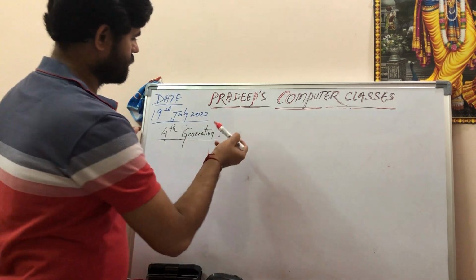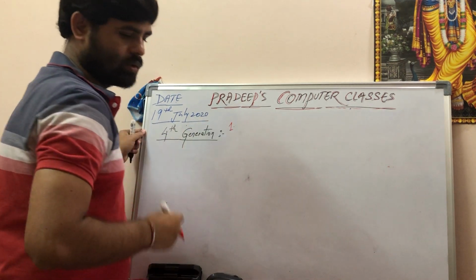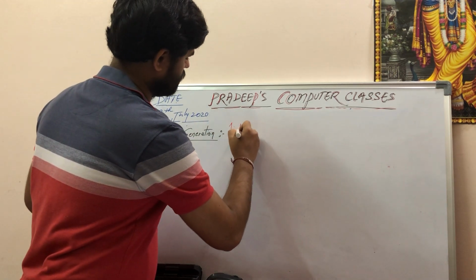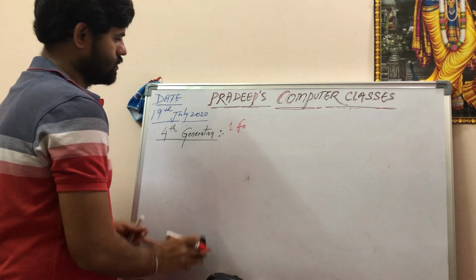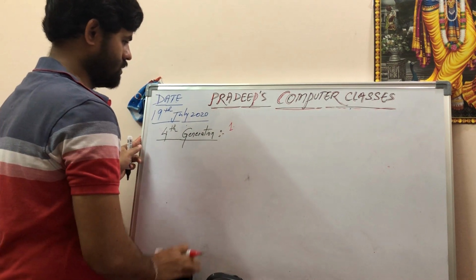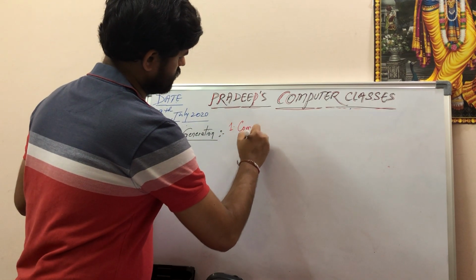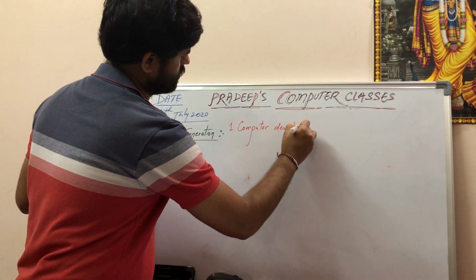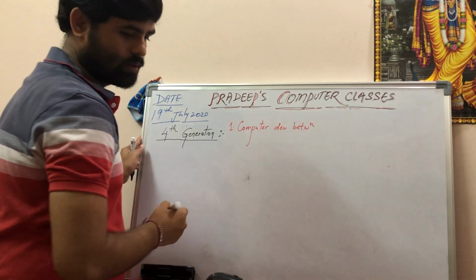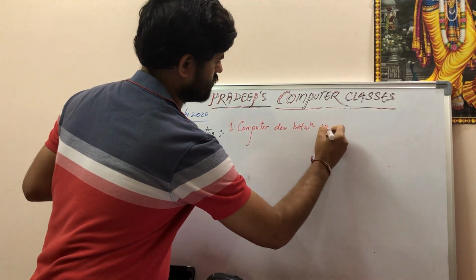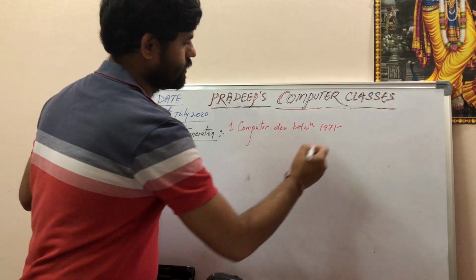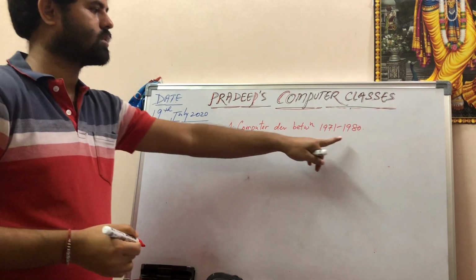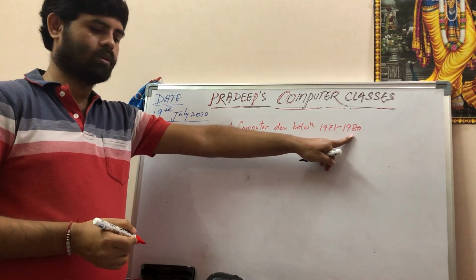So first point is, fourth generation of computer was developed between 1971 to 1980. Okay, so you can see that now we are entering into our region, 1980.